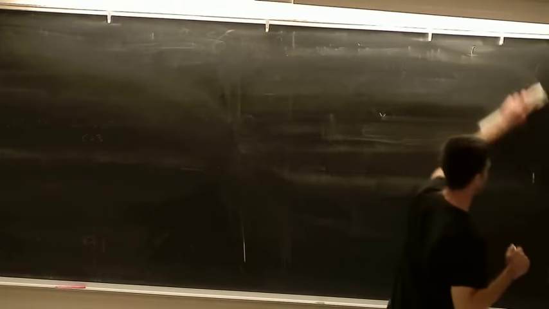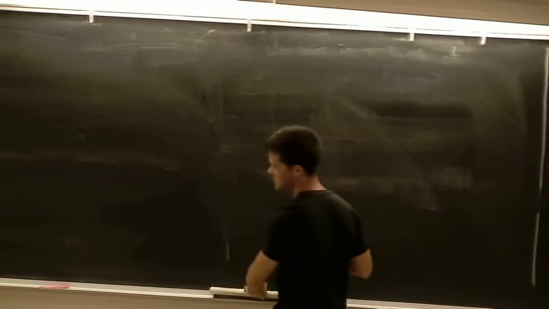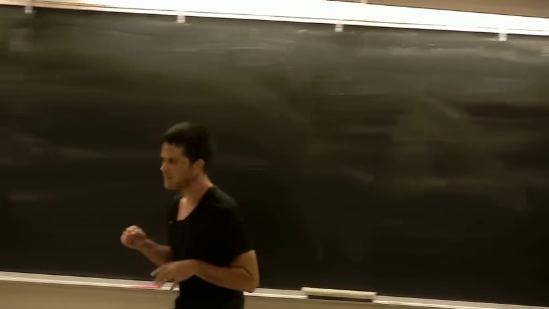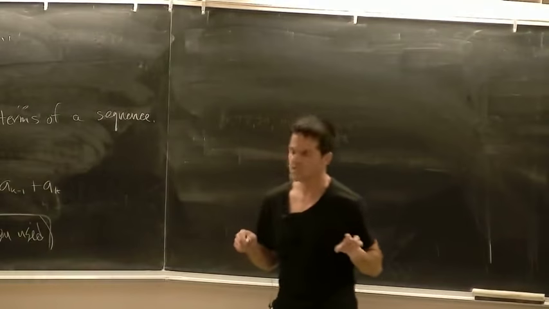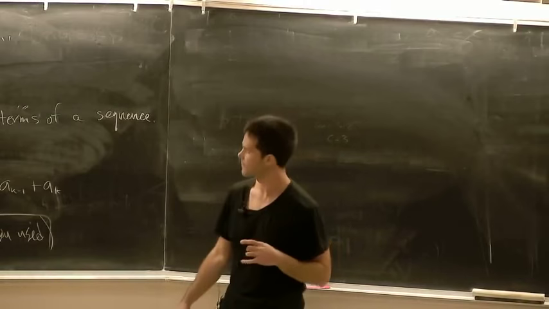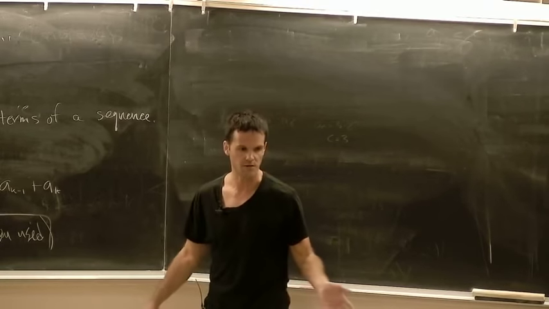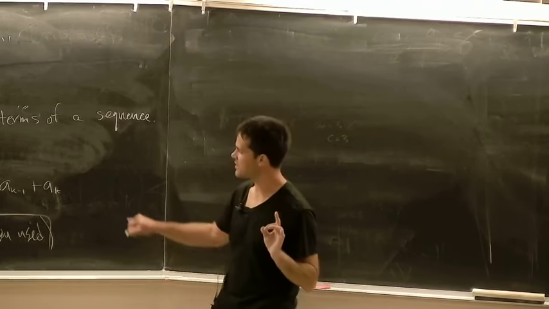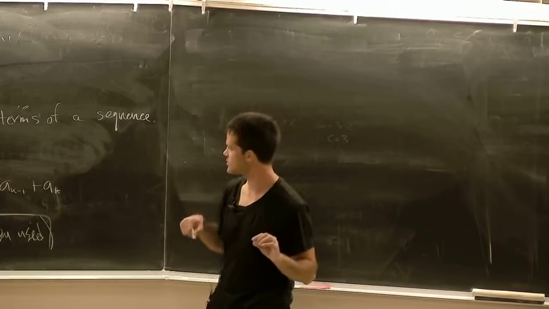And like with sequences, which I said always have an infinite number of terms, the series that we're really interested in also are infinite. So we're going to be adding up an infinite number of numbers here.